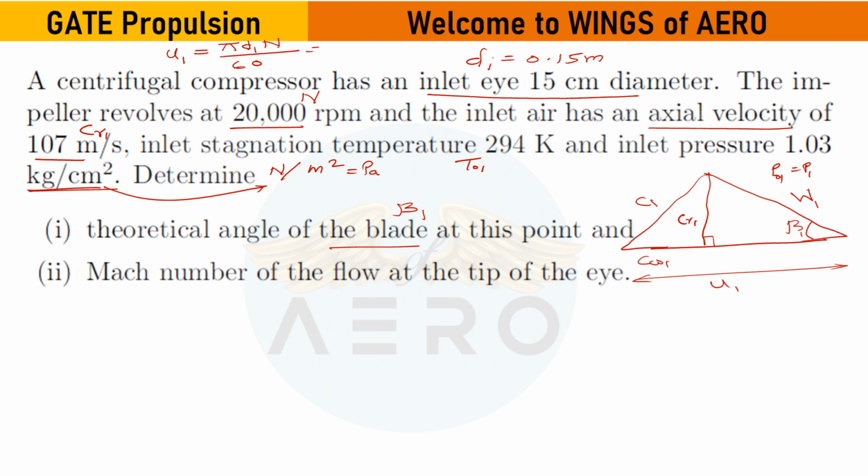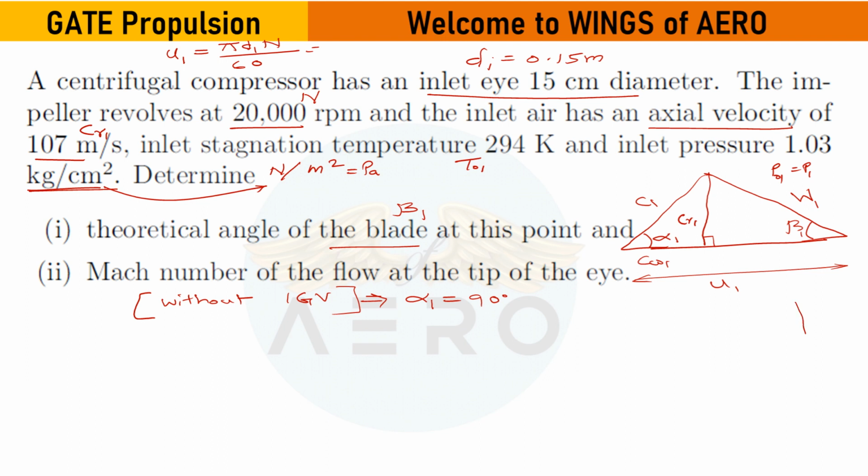Yes, exactly. As they have not given this alpha value, if they're asking to find the other one, you have to assume it is without IGV. So if it is without IGV, the alpha 1 is going to be 90 degree.